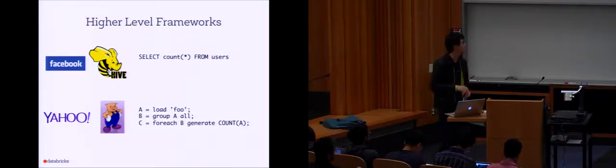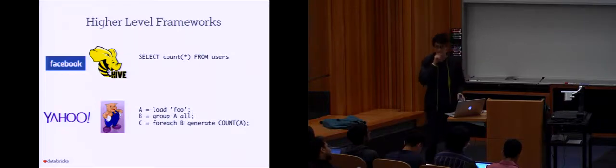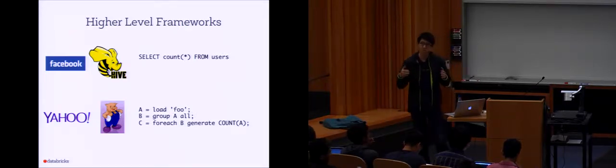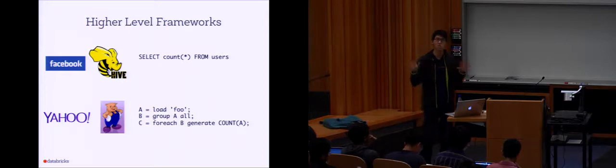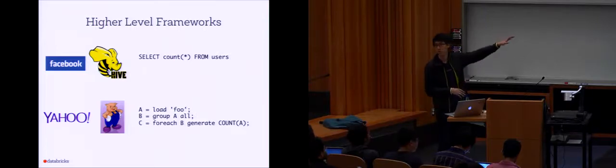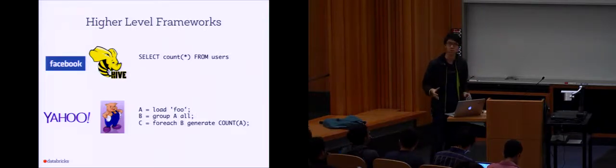And Pig is this thing done by Yahoo, actually by a Berkeley alum, Chris Olston, also around the same time. What Pig does is give you a query language that's similar to SQL but not exactly the same, and it also compiles this query language into MapReduce jobs for execution on a cluster.